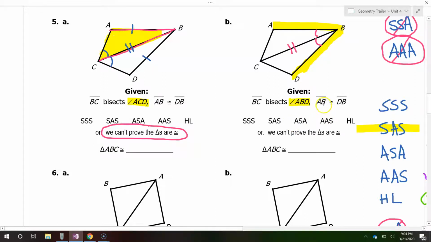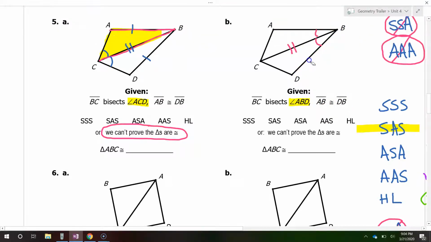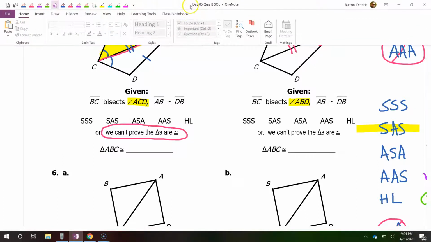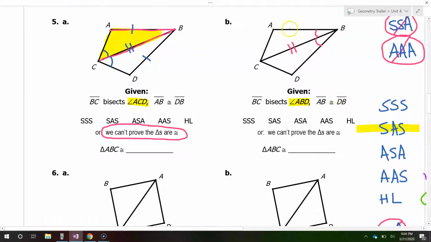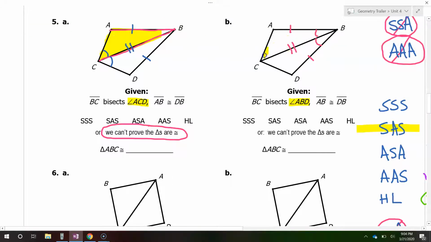What else? AB is congruent to DB. Let me go ahead and erase this yellow stuff. So given AB is congruent to DB. Now focus on one triangle at a time. For example, focus on this triangle right here. Notice the parts that we have.